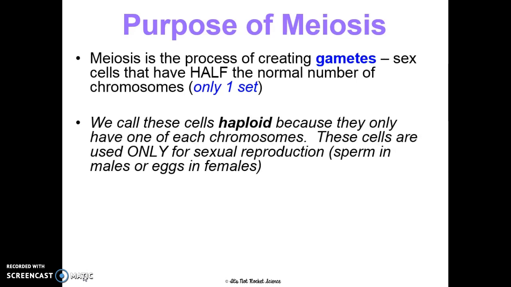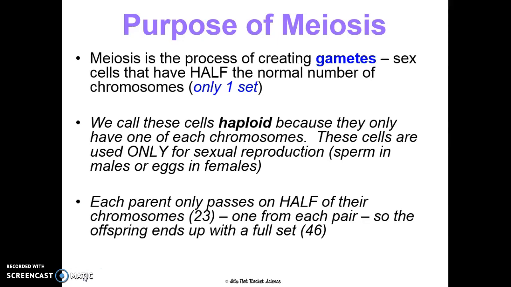And so we call these haploid because they don't have the 2 sets of chromosomes. They only have 1 set of chromosomes. And again, these are only for sexual reproduction. And so our end goal is to have 46 chromosomes. And to get there, we get 23 from our mom and 23 from our dad. That's where we end up with that 46 in total.